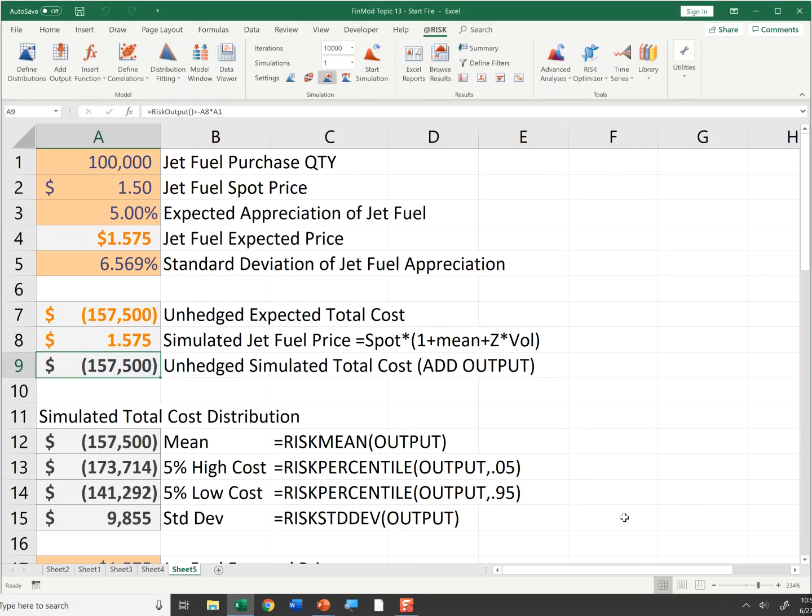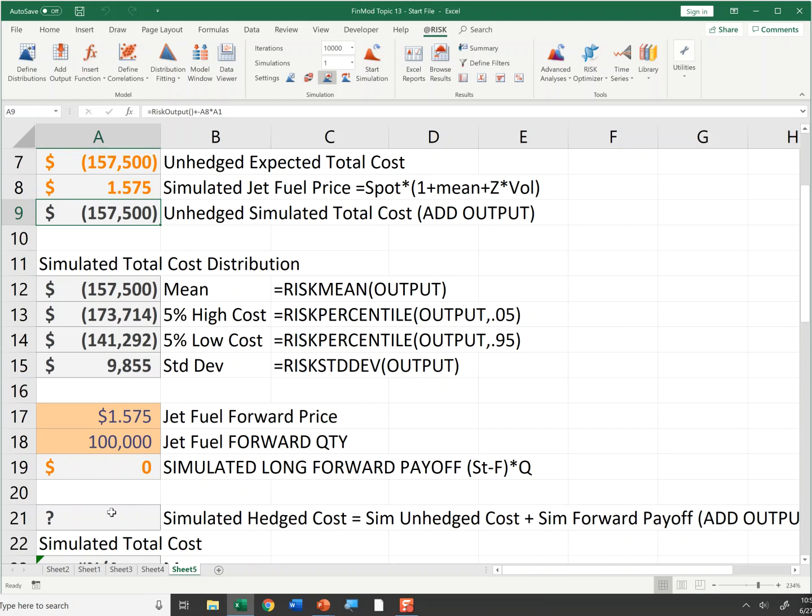However, when I add these two positions together, which I'll do right here, I'm going to take my simulated forward payoff plus my unhedged simulated total cost. So this is modeling Southwest Airlines' underlying exposure plus their position in a forward.